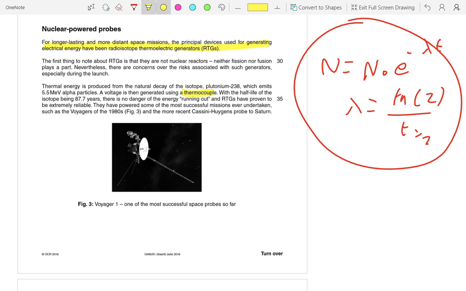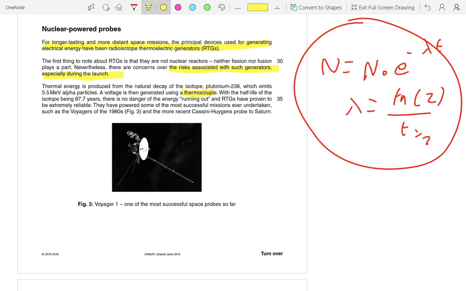It says there are other risks associated with such generators, especially during launch. So what can that be? Well, rockets have been known to blow up on launch. It happens fairly regularly. There was one a few months ago, I think now, where it was supplies heading to the International Space Station, and I think 2 rockets that were being run by SpaceX had exploded.